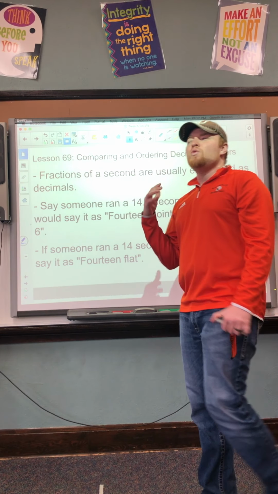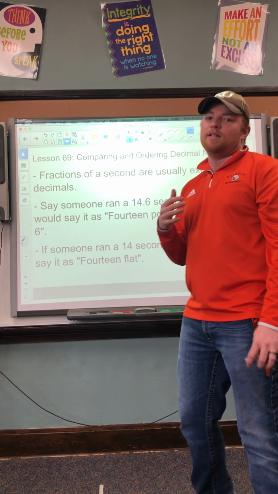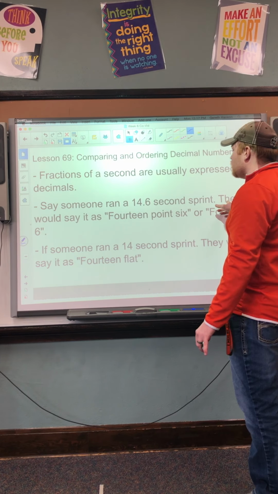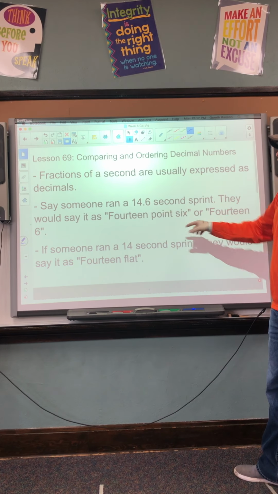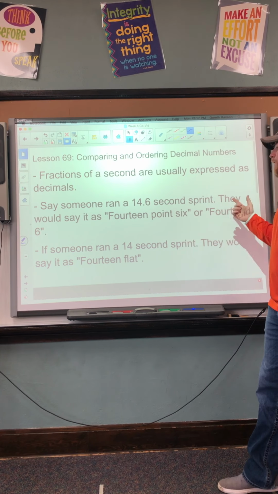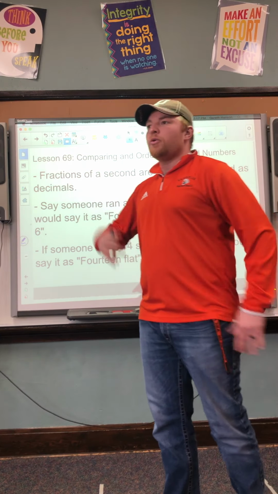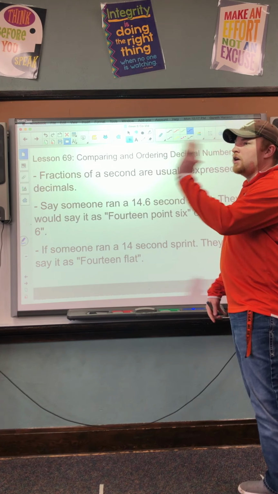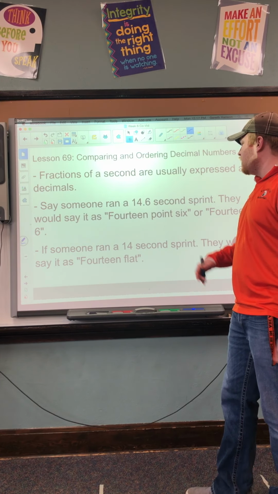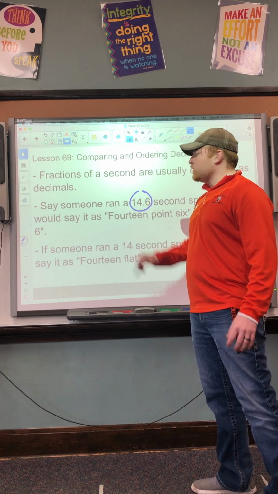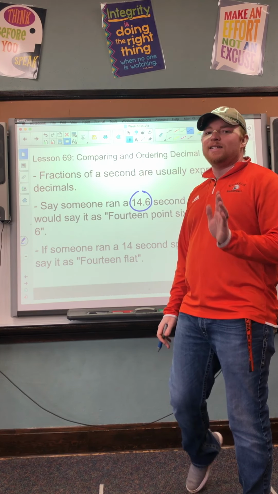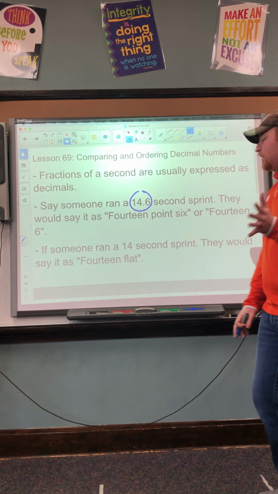We rarely say 14 6/10 when we're dealing with seconds. We usually say it as 14.6. So if Tanner runs a 100-yard sprint in this time, we would say 14.6. That's how fast he ran that, okay?